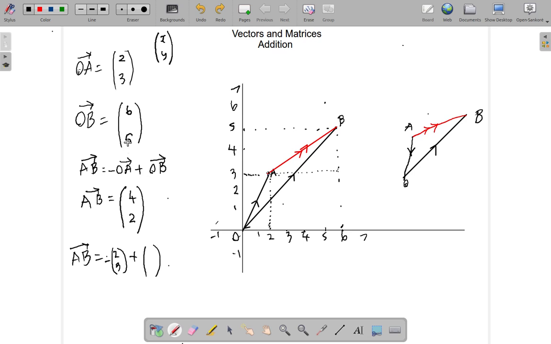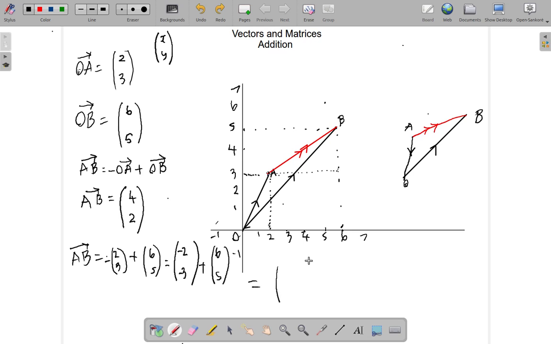I have my OB here, 6, 5. Now what happens? You see this negative? It's going to change the 2 to negative and the 3 to negative. So it's negative 2, negative 3 plus 6, 5.